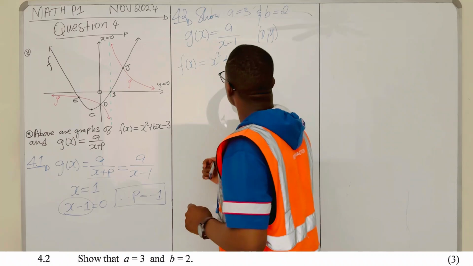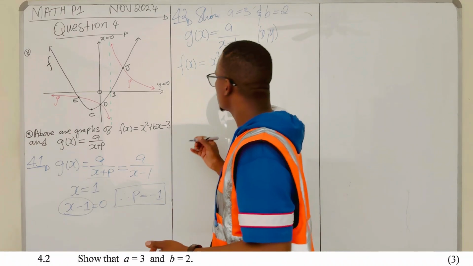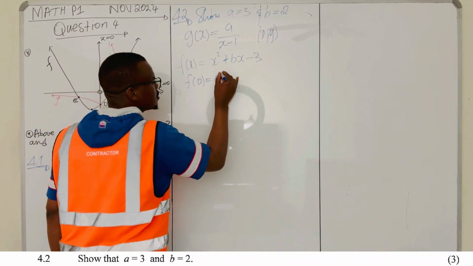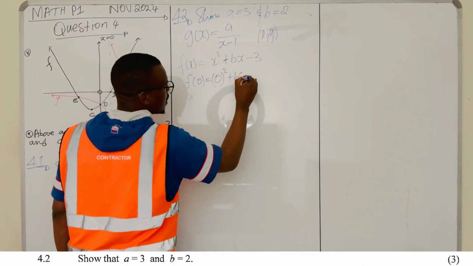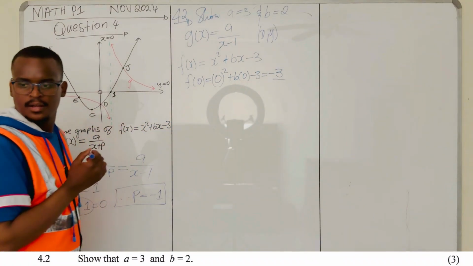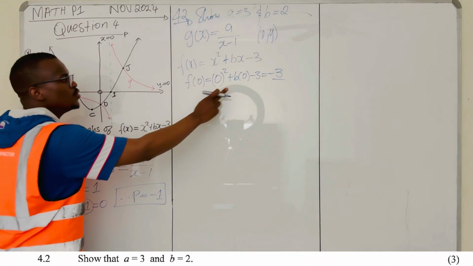If you substitute 0, we're going to find the corresponding y value. Say f of 0 is equal to 0 squared plus b times 0 minus 3. We get that this is equal to minus 3. So we found that the y value at D is equal to minus 3.